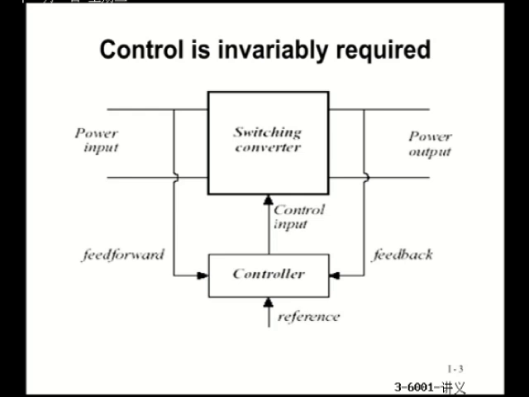And then in this picture, there is an explanation of the relationship between the power stage and controller. You can see the controller is really taking reference. Reference has also another name.